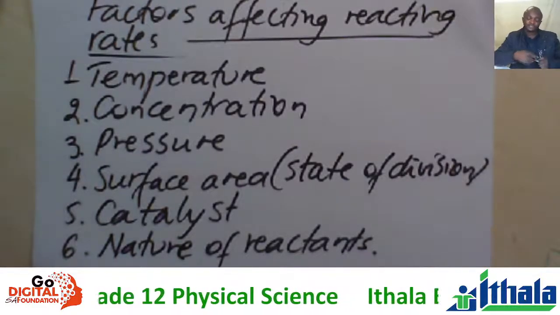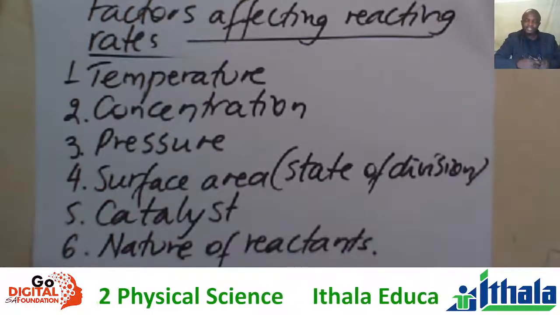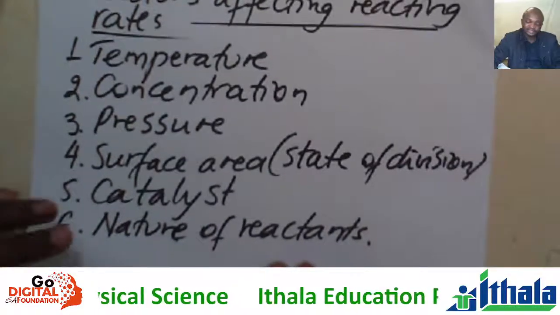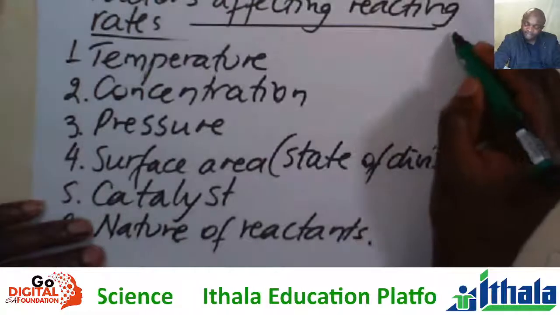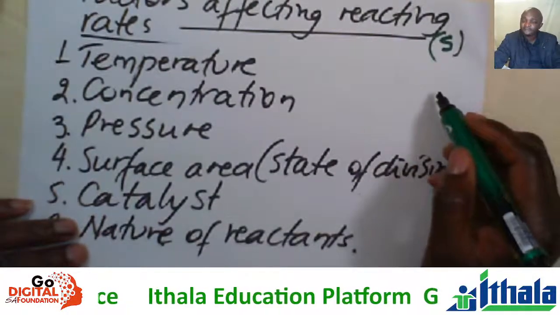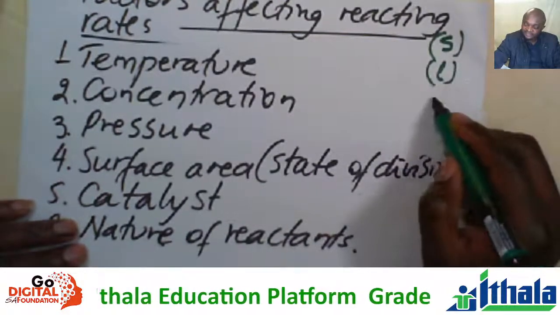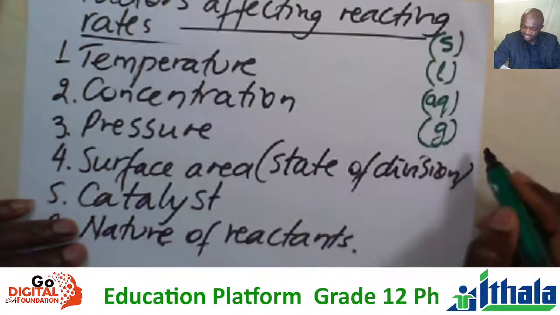Manje sobona ukuthi makwenzeka i-reaction we have 4 types of substances esidila ngazo at this point. Right, i-substance ingaba i-solid sithi u-S simfake kanje, noma i-substance ingaba i-liquid, noma i-substance ingaba i-aqueous solution, noma ingaba i-gas.